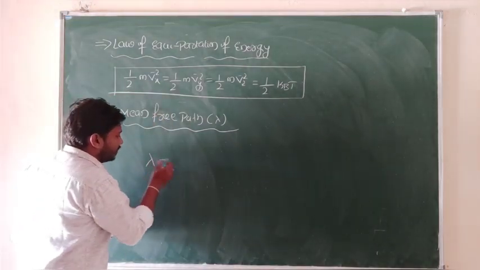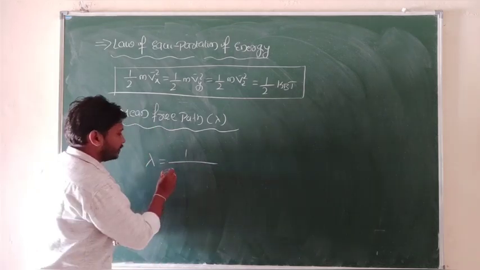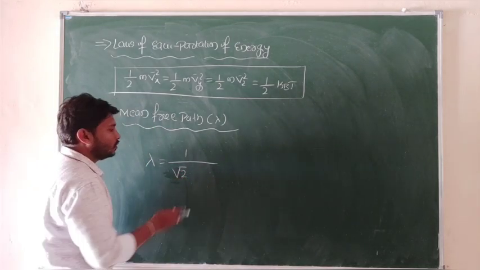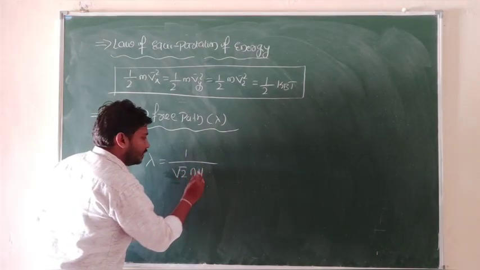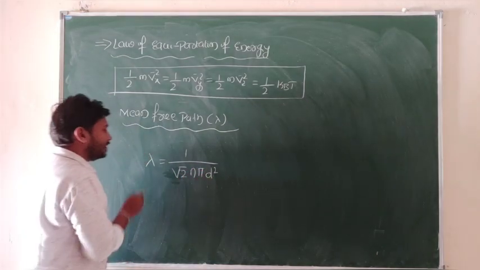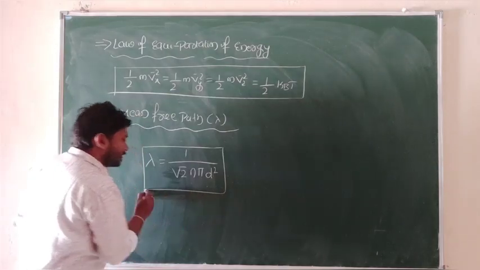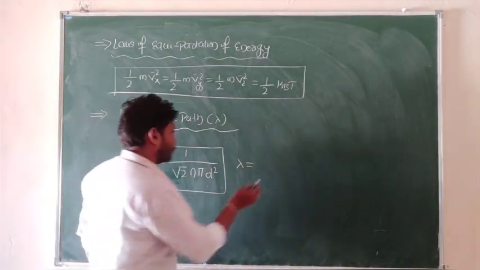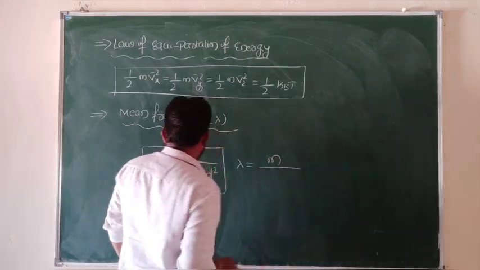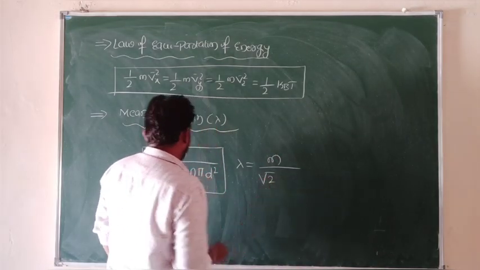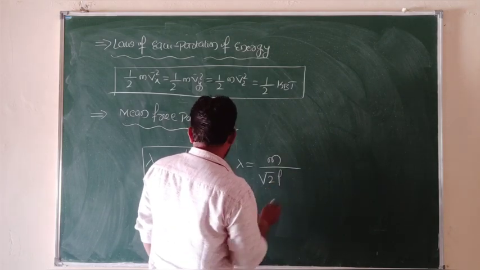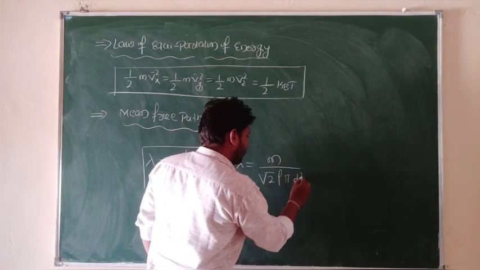Then after deriving you will have the equation: lambda equals 1 divided by √2 times n into pi into d square, where d is the diameter of the gas molecule. This equation I have to rewrite in terms of mass: m divided by √2 times rho into pi into d square.